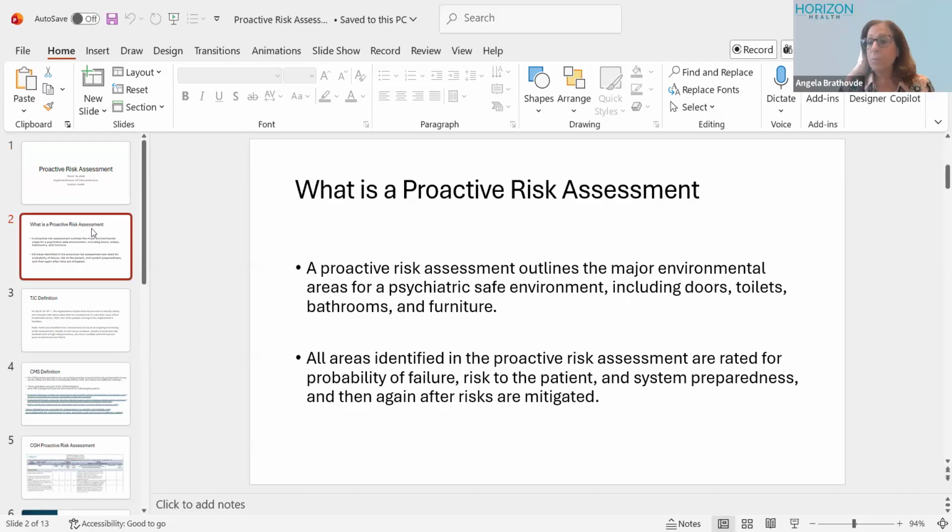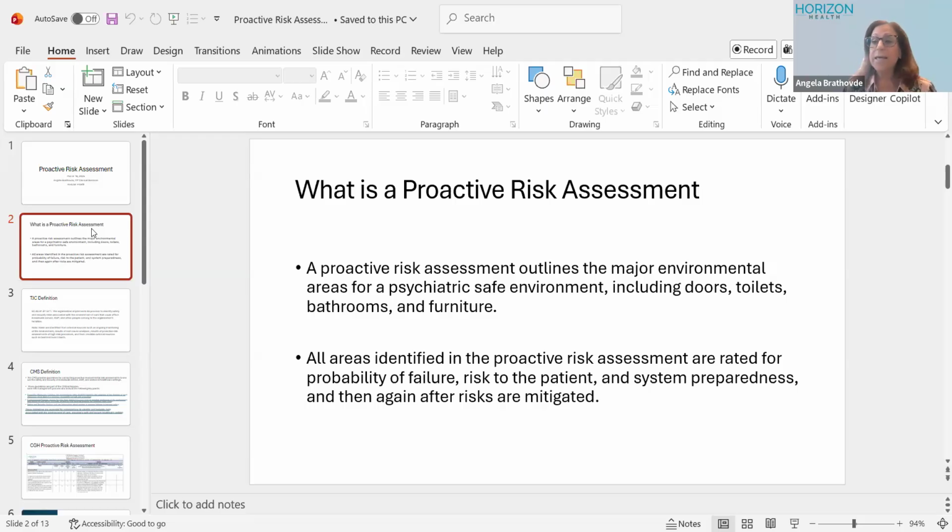So what is a proactive risk assessment? A proactive risk assessment outlines major environmental areas for a psychiatric safe environment, including doors, toilets, bathrooms, and furniture. And more than that, it's the ceilings, it's the walls, it's the floor, it's the baseboards. It's also the windows in the doors, the windows on the unit.